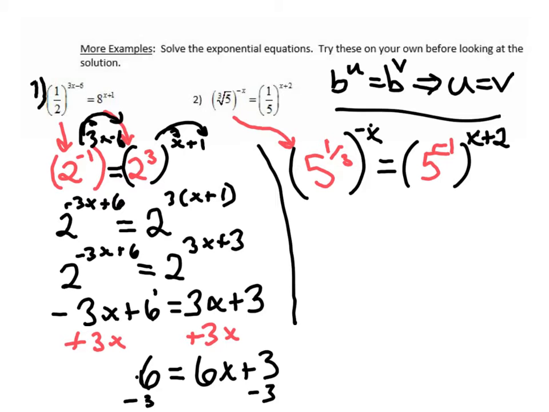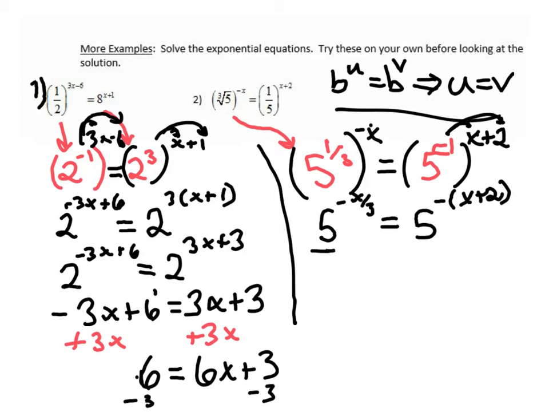Now in each of these cases, I now need to multiply the exponents. So the left side is 5 to the 1/3 times negative x. So I'm going to write negative x over 3. The right side is 5 to the negative 1 times the whole quantity x plus 2. Make sure you distribute the negative on that to both terms here.